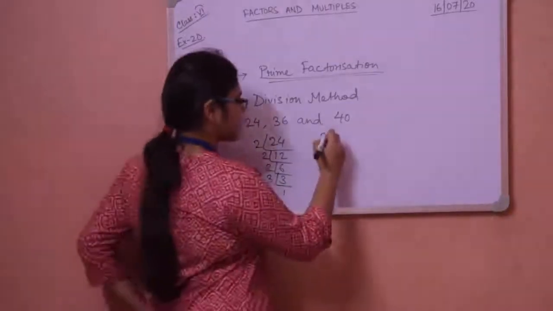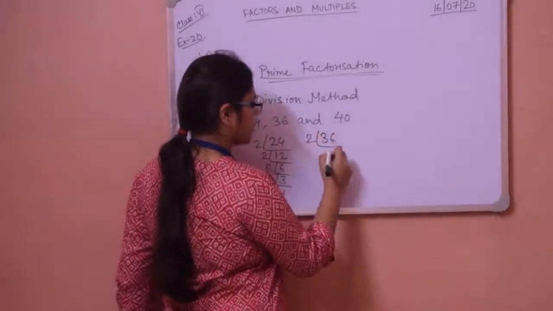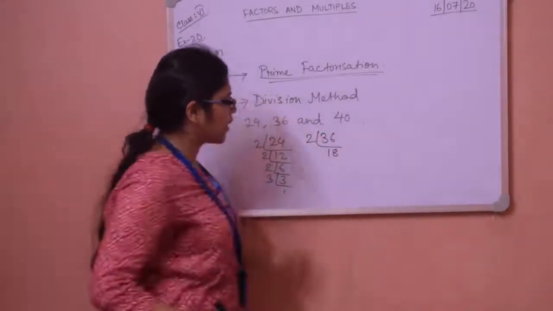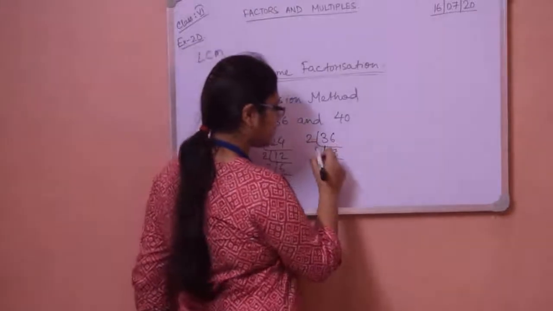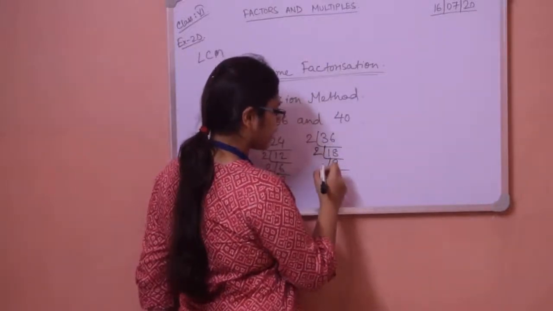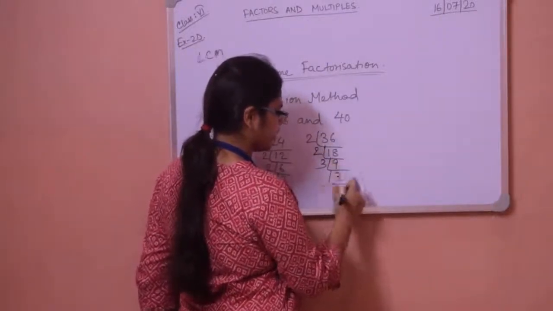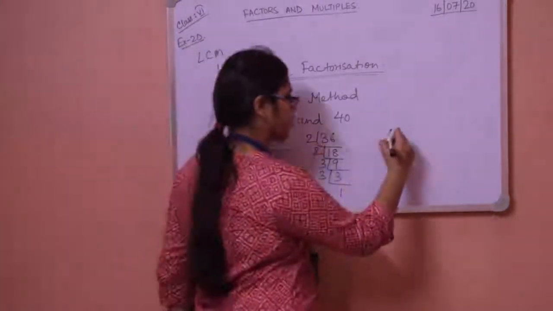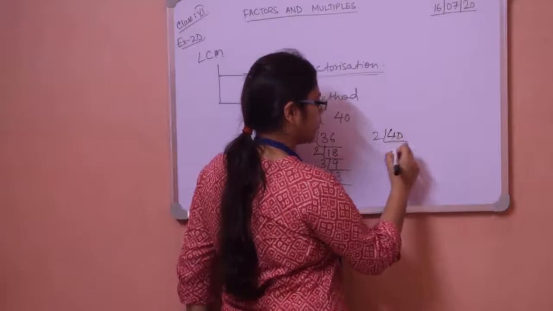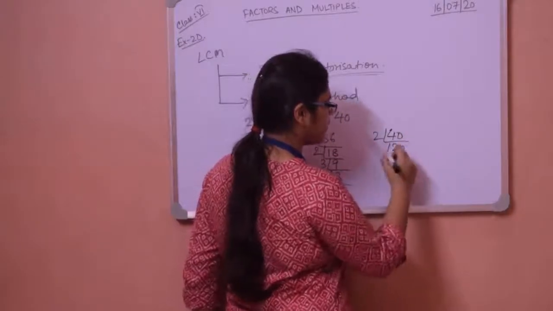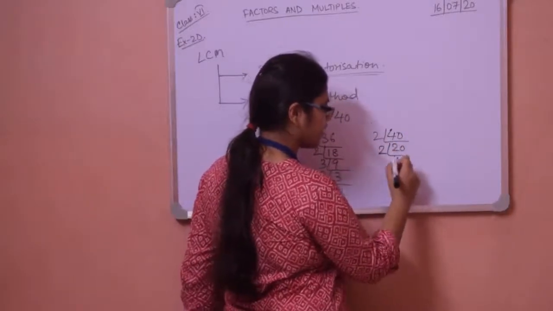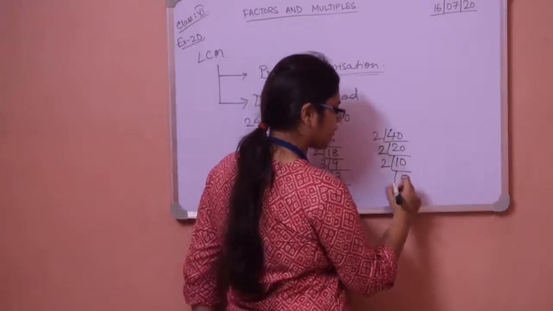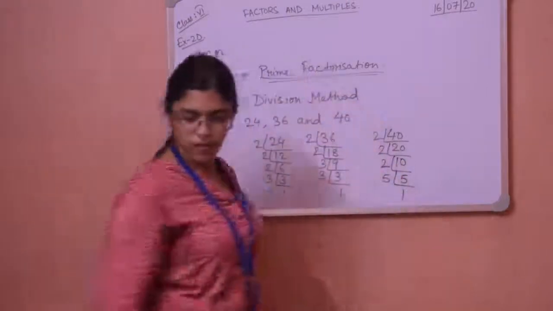Now 36, we can divide by 2, we get 18. Again with 2, 9. Again with 3, 3. Then 3, 1. Now 40, we can get 20. Then again with 2, 10, again with 2, 5, and then 5, 1.